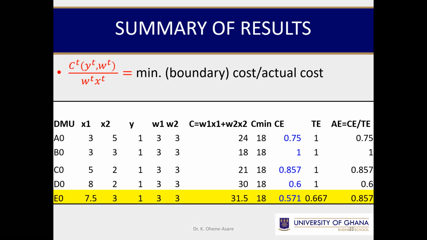So on the basis of this, I can summarize my results. The minimum cost, which is what you see on the numerator, divided by the actual cost, which is what you see on the denominator. So on this table here, and this is what you want to do in your normal thesis, you have your data nicely like that. You have your actual cost for each one of them. You have your minimum cost for each one of them. You have your cost efficiency.